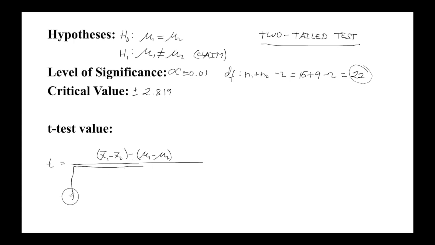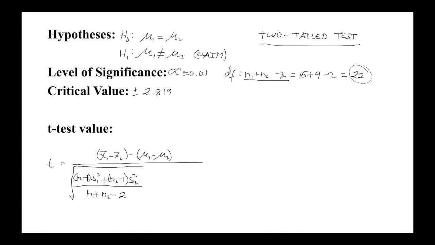So let's have here the square root of n sub 1 minus 1 multiplied by s sub 1 squared, or the first sample standard deviation squared, plus n sub 2 minus 1, this is 1 guys, multiplied by s sub 2 squared, or the sample standard deviation of the second population, all over n sub 1 plus n sub 2 minus 2, or basically all over the degrees of freedom, because it's just the same formula as you can see here.